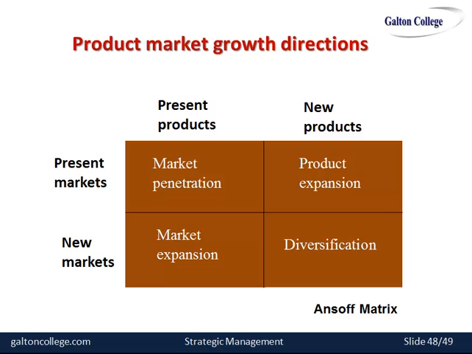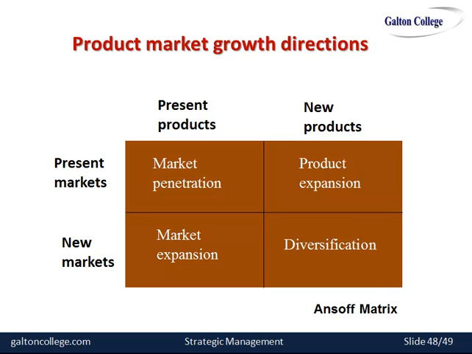You'll recognize this as the Ansoff matrix, which is, as I said, the subject matter of other videos. But with new products in present markets, then we have product expansion. It's new products, so it's expanding the market. And new products into new markets, well, that's total diversification.